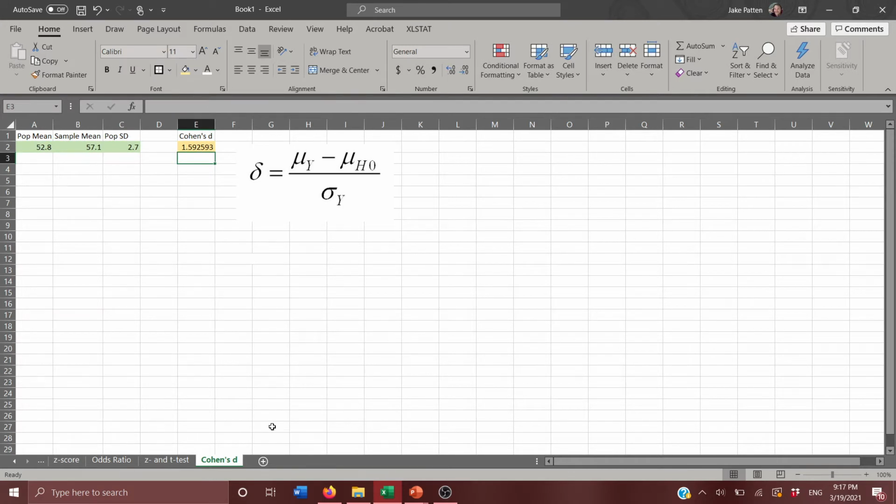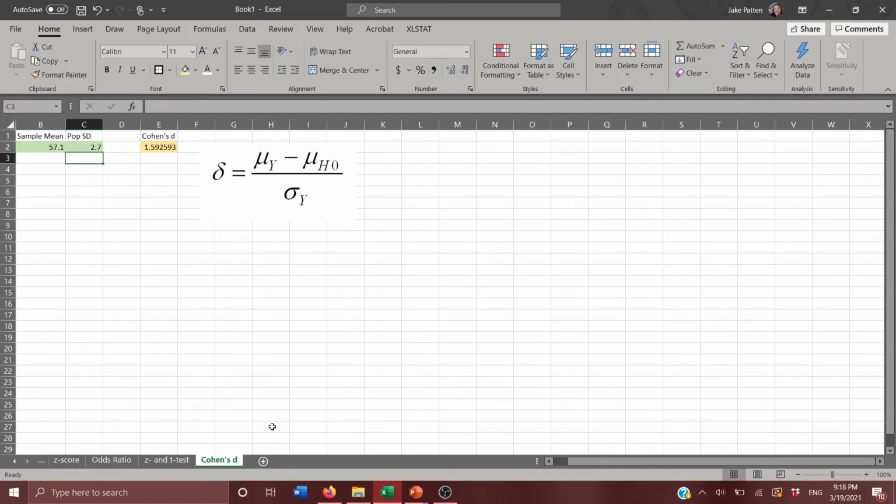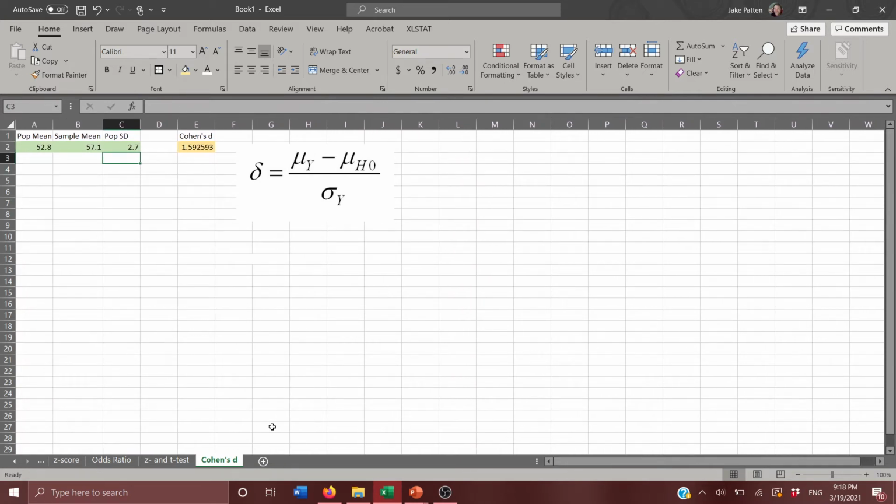It doesn't matter if this is positive or negative, it's always going to be positive, basically. So look, we can take the sample mean and make it less than the population mean, so we could say it's 50, and it's still positive. We could make it 60, and it's still positive.